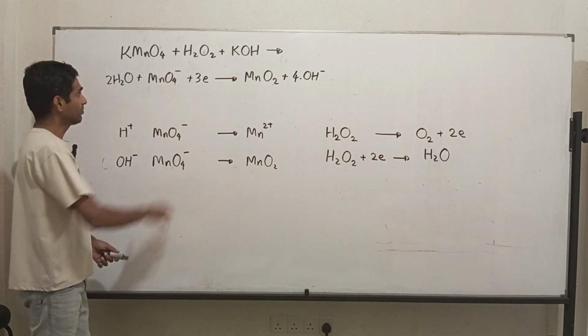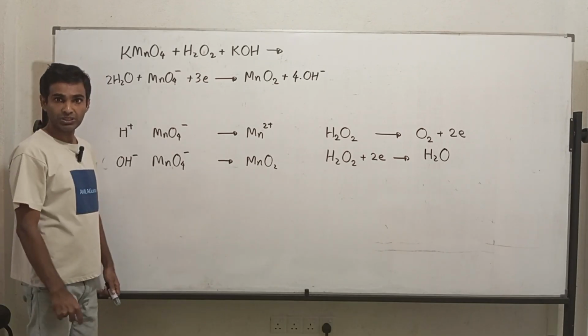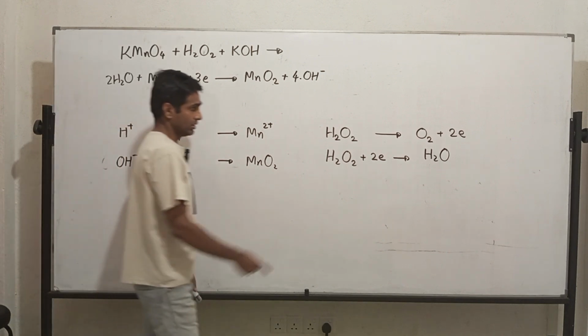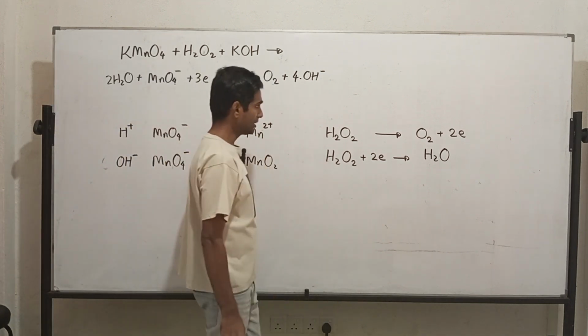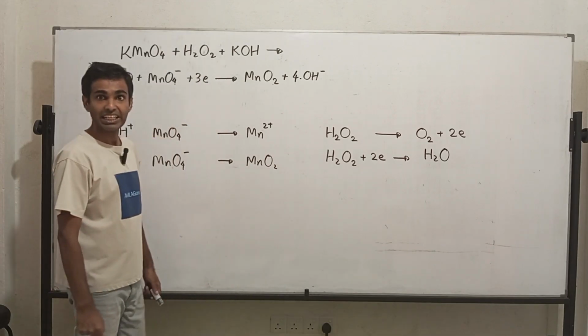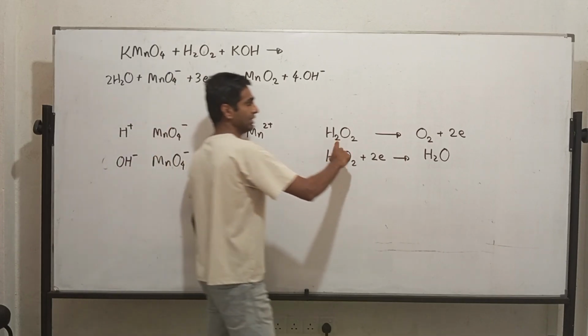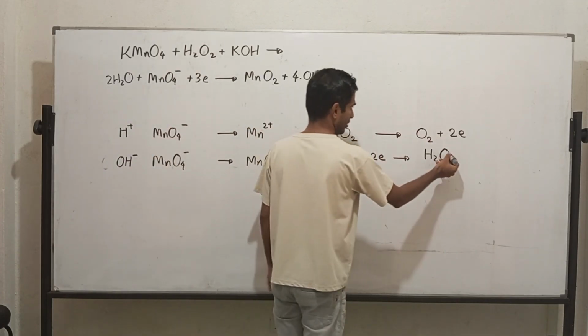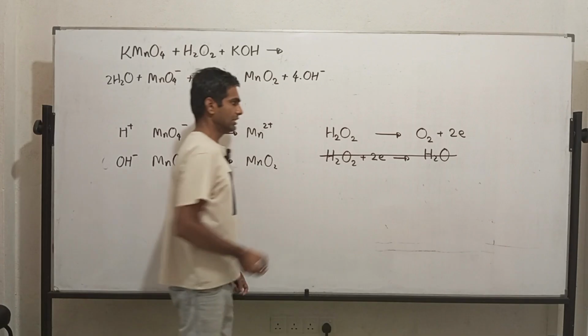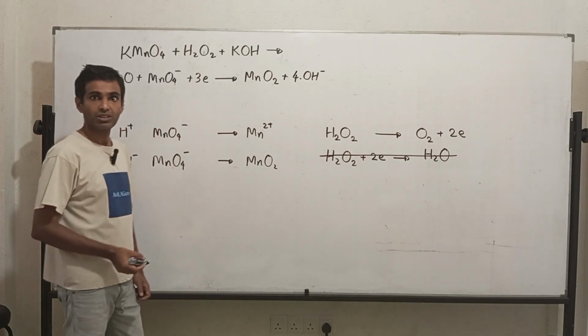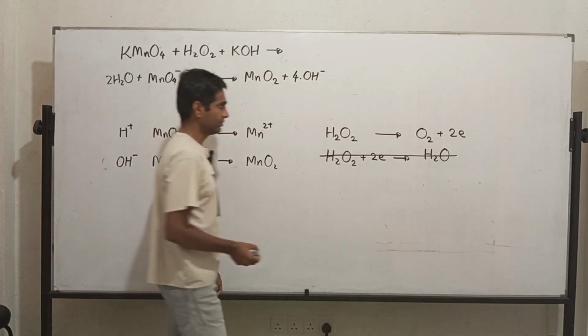During this reaction, permanganate ion reduces. Therefore, hydrogen peroxide should release electrons. Gain of electrons, then release of electrons. Therefore, the reduction of hydrogen peroxide is not valid in this case.